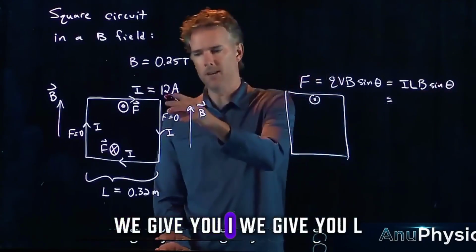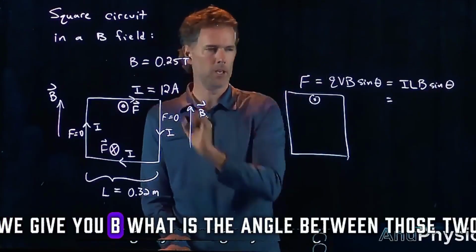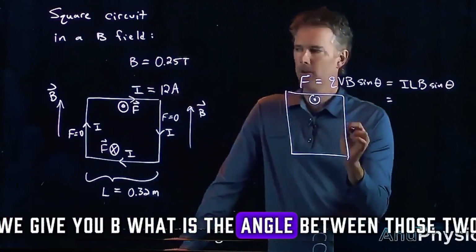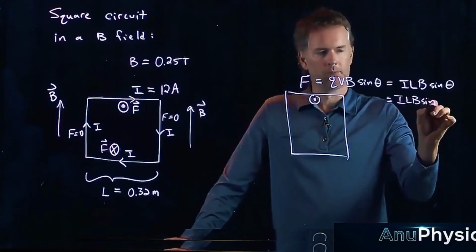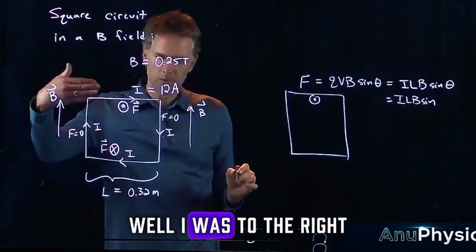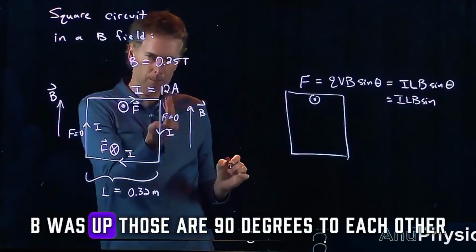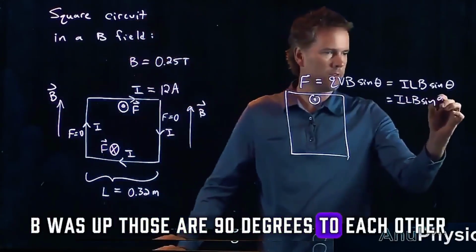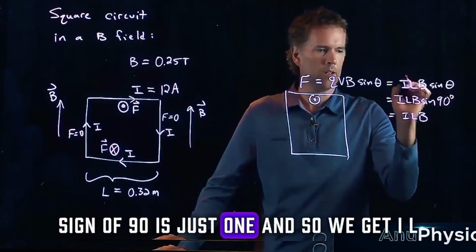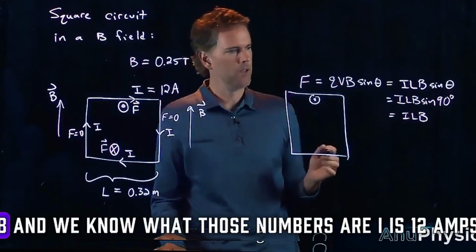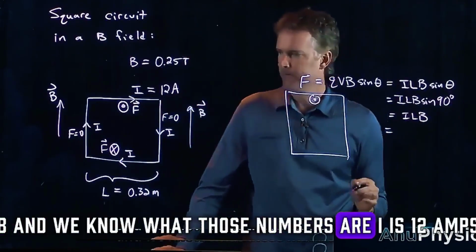We give you I, we give you L, we give you B. What is the angle between those two? Well, I was to the right, B was up. Those are 90 degrees to each other. Sine of 90 is just 1. And so we get ILB, and we know what those numbers are.